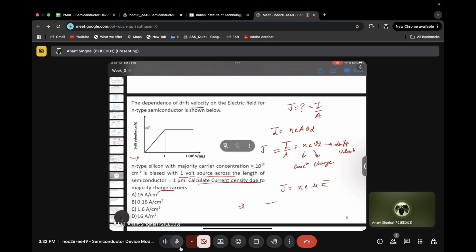And this is what we call Ohm's law also. You should have seen J equals sigma E. So this sigma is nothing but this term. In general, what do we write it as? N Q mu. So we denote charge by Q, not by E. Is there any doubt in this?